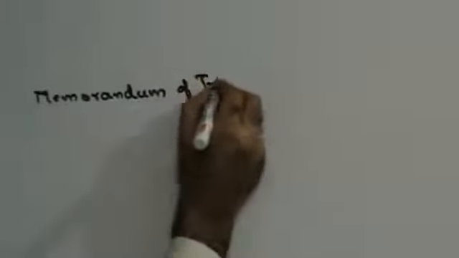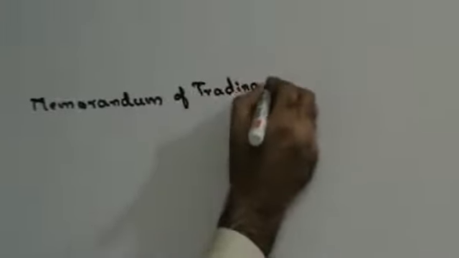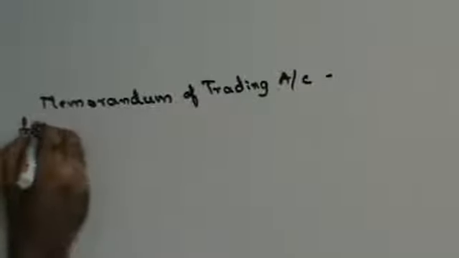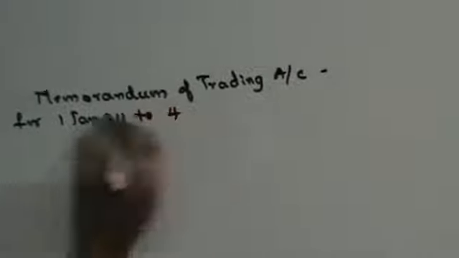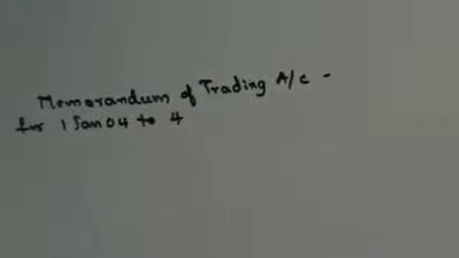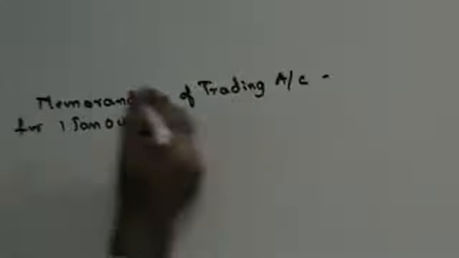When 2 years data is given to you, the previous year data is going to go into trading account, current year's data in the memorandum of trading account, from 1st Jan 04 to 4th May 04.